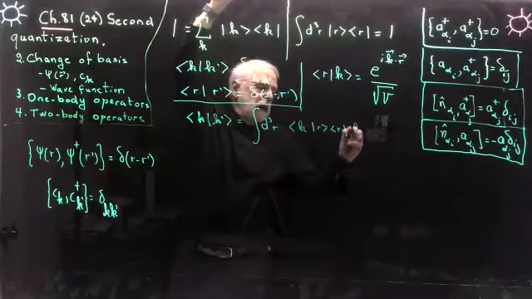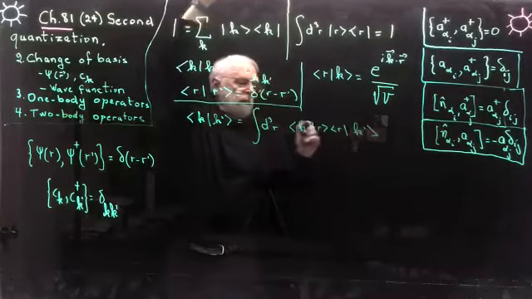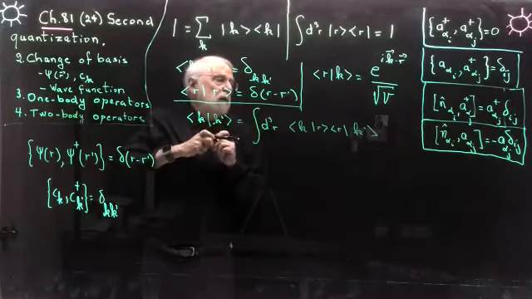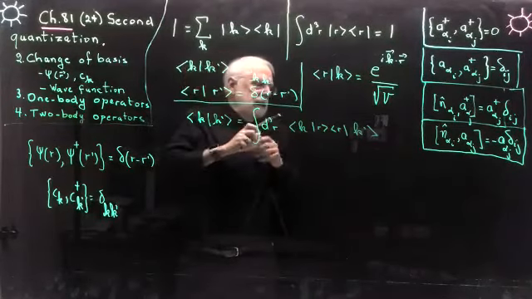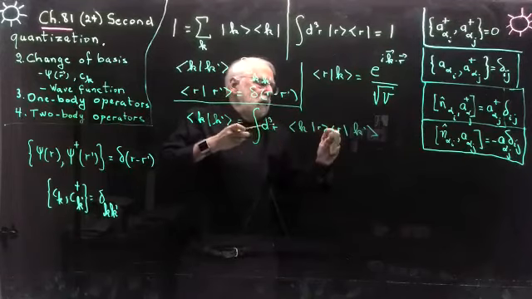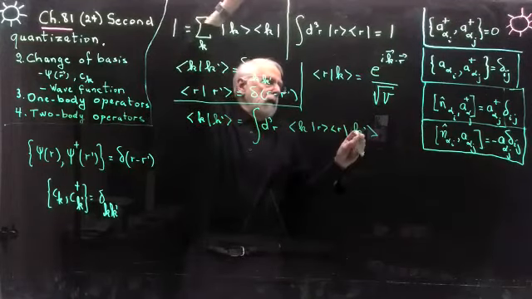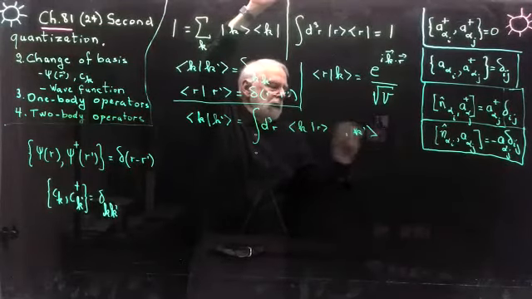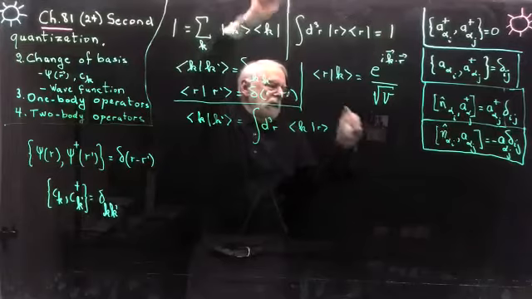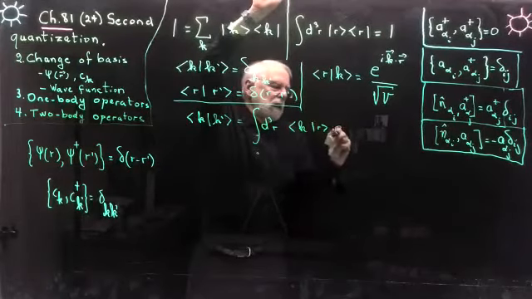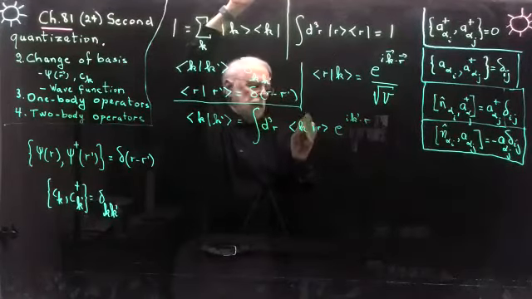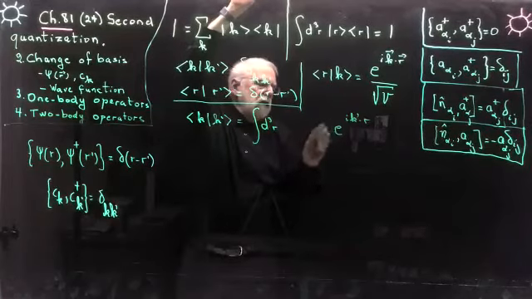Okay, and now again I can use this. So here it's e to the i k prime dot r. And here it's e to the minus i k dot r.